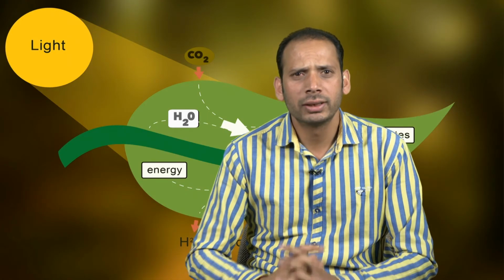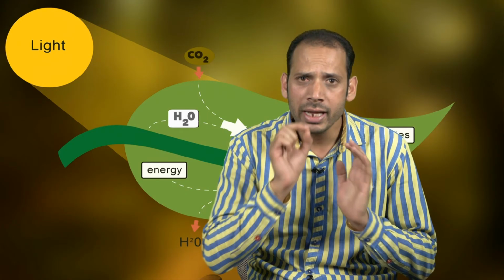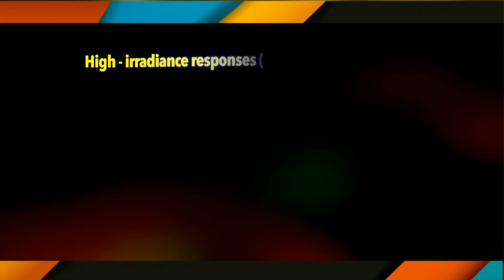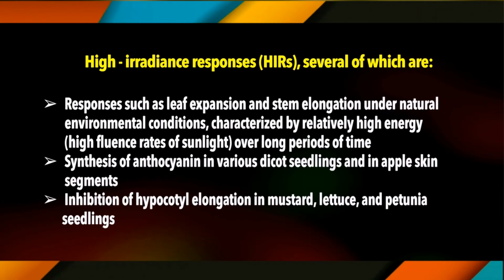Phytochrome responses of the third type are termed high irradiance responses, several of which are: number 1, responses such as leaf expansion and stem elongation under natural environmental conditions characterized by relatively high energy fluence rates of sunlight over a long period of time. Number 2, synthesis of anthocyanin in various dicot seedlings and in apple skin segments.